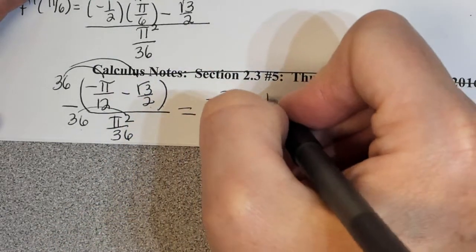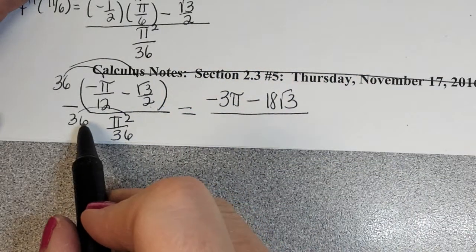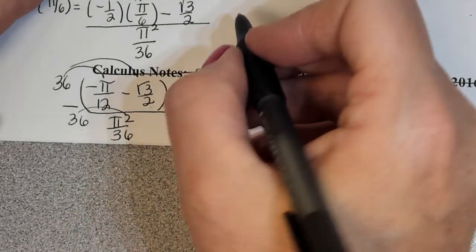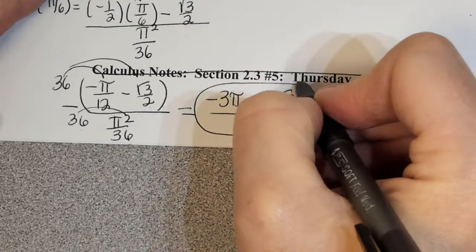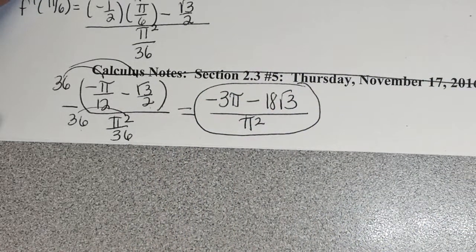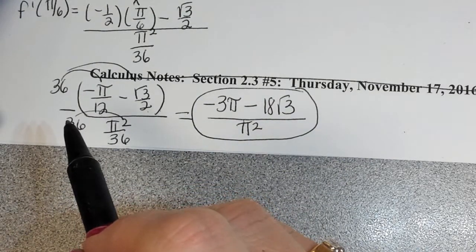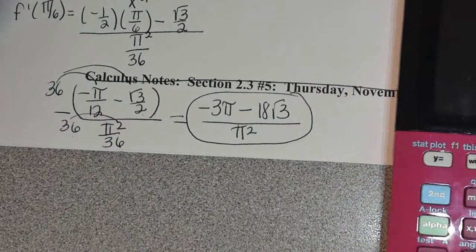So that's going to be 18 radical 3 all over, these are going to cancel, and so then I'm going to get pi squared. And that would be our answer. You want me to go back through that again? What's confusing to you? Some of you look confused on parts of it. So this would be our answer.